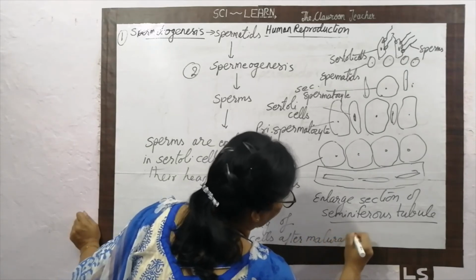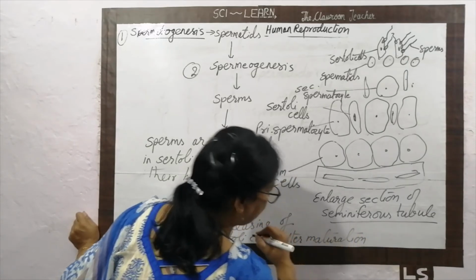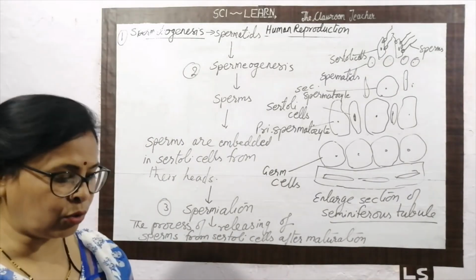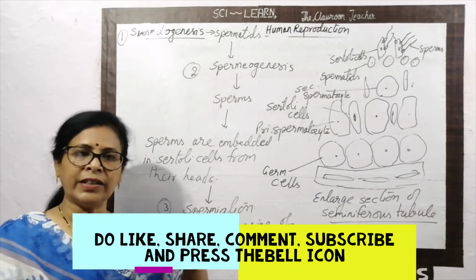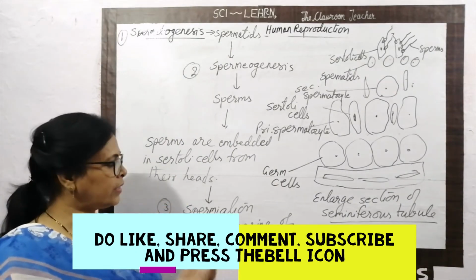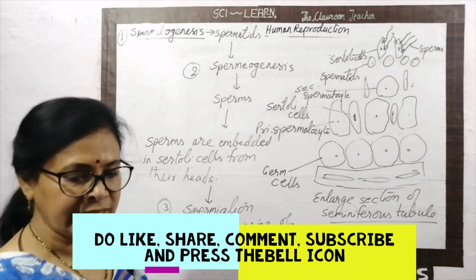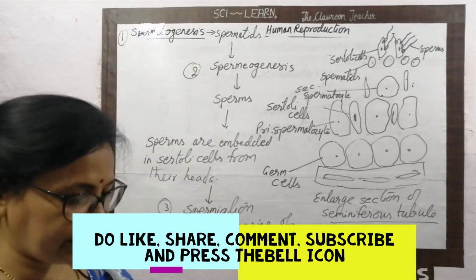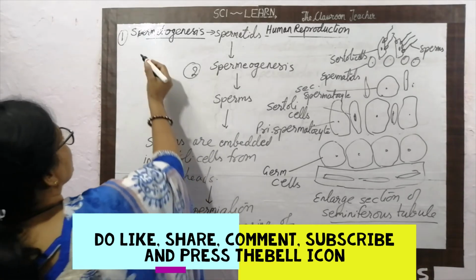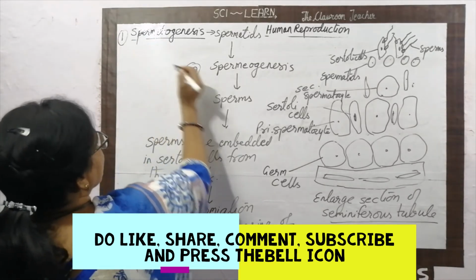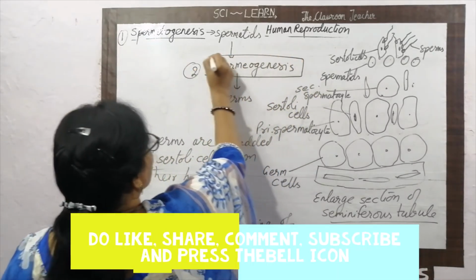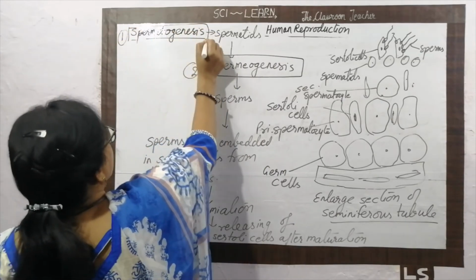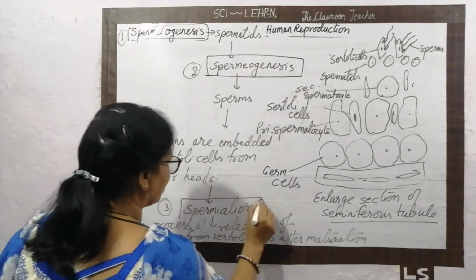Up to maturation, the sperm rests in the Sertoli cell only. When the sperm gets mature, the Sertoli cell releases the sperm. It means in this whole process we have to study spermatogenesis, spermiogenesis, and the third is called spermiation.